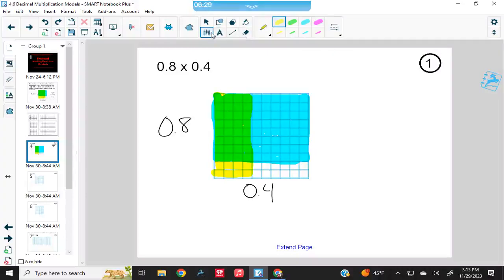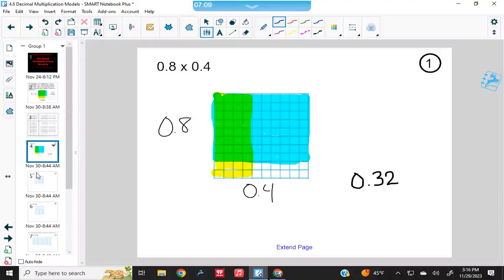I am going to count by 4s. 4, 8, 12, 16, 20, 24, 28, 32. So we're going to get 0 and 32 hundredths. It's been a long day.